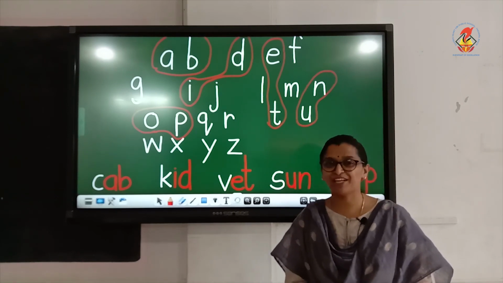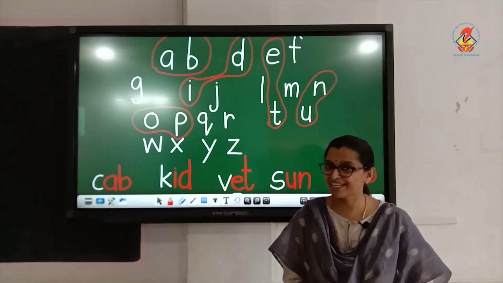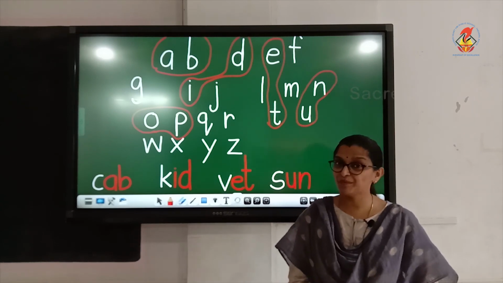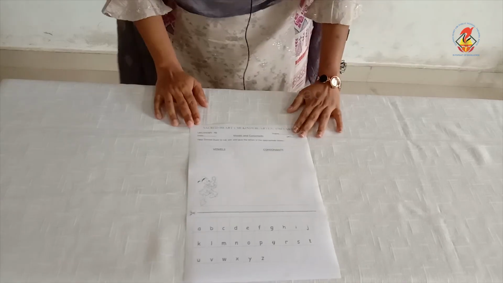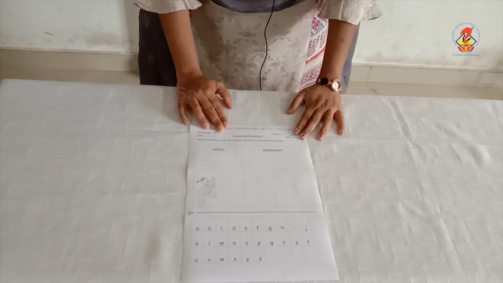Children, hope you enjoyed the story of creating new words through a game. Now, let's do an activity on vowels and consonants. Here is a worksheet on vowels and consonants.